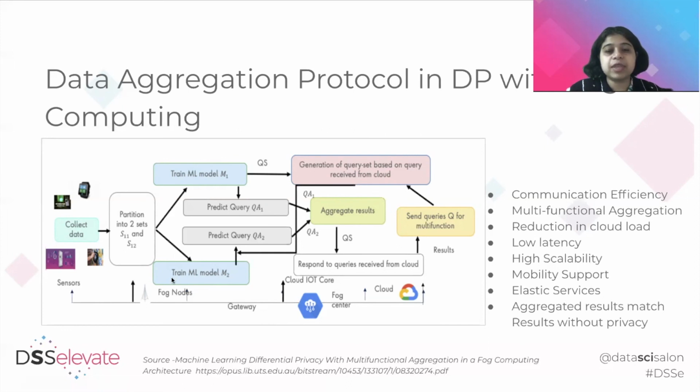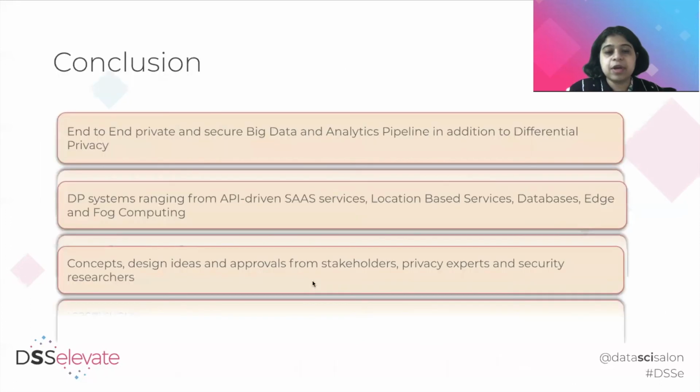Fog nodes are close to the cloud service, and they are responsible for storage, training, and getting information, and the fog center is responsible for collecting that information and sending it back to Google Cloud. This is a highly scalable and elastic platform, and it also ensures that aggregated results match the results without privacy.